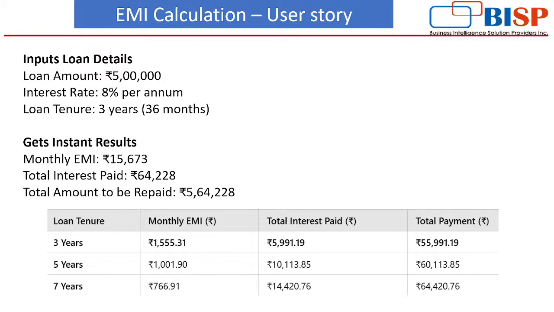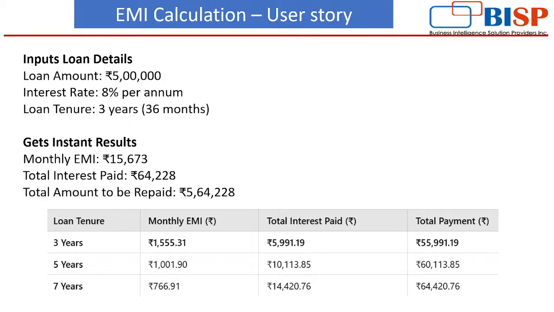So in 3 years, if you see, there's higher EMI, but it saves around 8,000 in interest compared to the 7-year loan. If we see 5 years, there is balanced EMI with moderate interest cost.